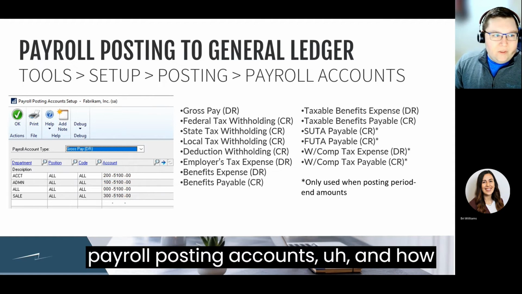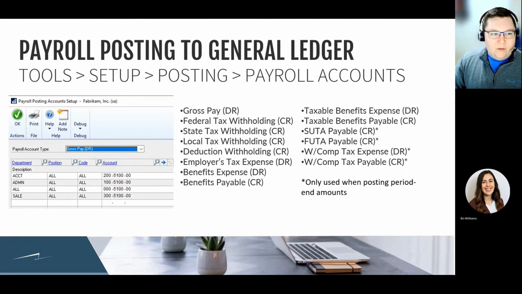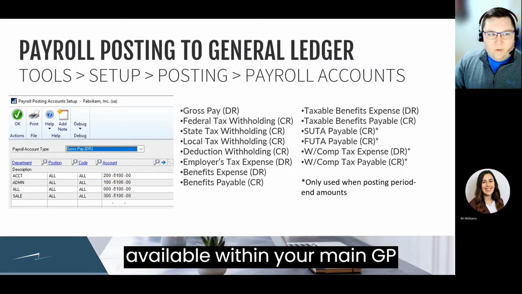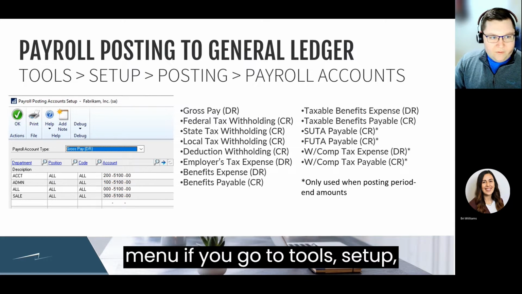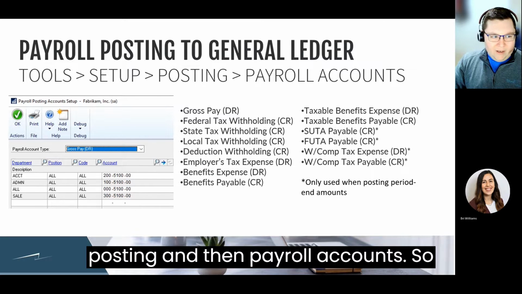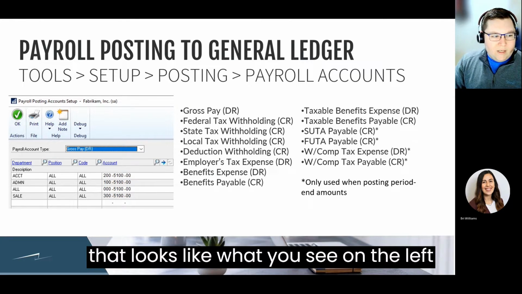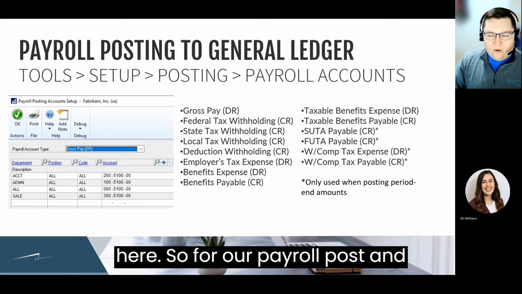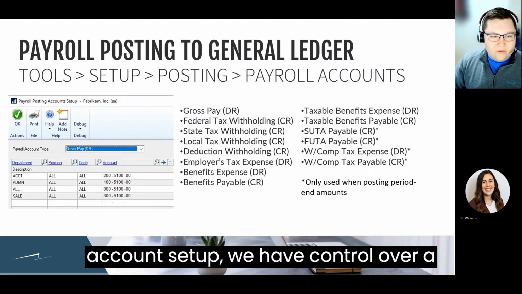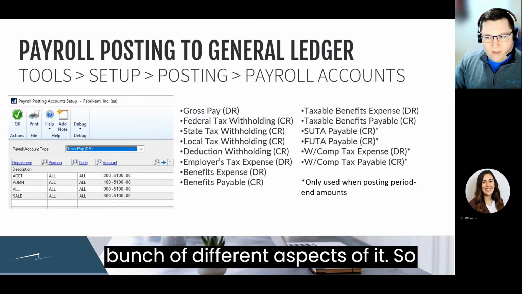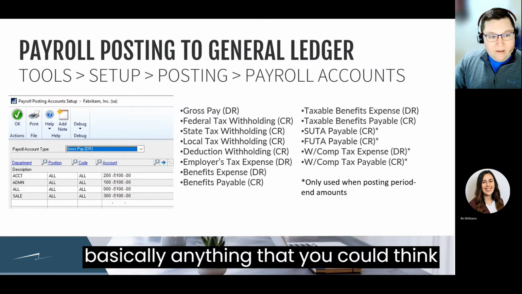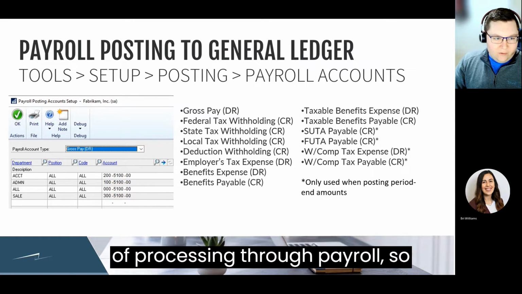So our payroll posting accounts and how they go to the general ledger is all available within your main GP menu. If you go to Tools, Setup, Posting, and then Payroll accounts. You'll be greeted with a little window that looks like what you see on the left here. For our payroll posting account setup, we have control over a bunch of different aspects of it. Basically anything that you could think of processing through payroll.